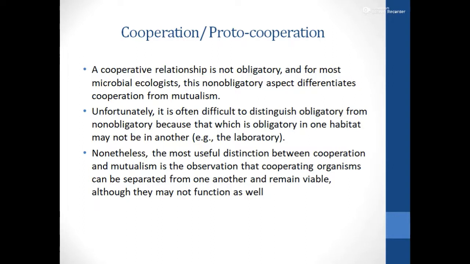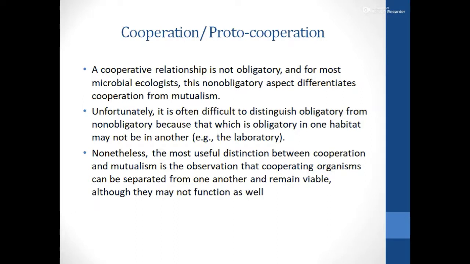But in spite of all these differences, we can say that the most useful distinction between cooperation and mutualism is the observation that the cooperating organisms can be separated from one another and still remain viable as well as functional.